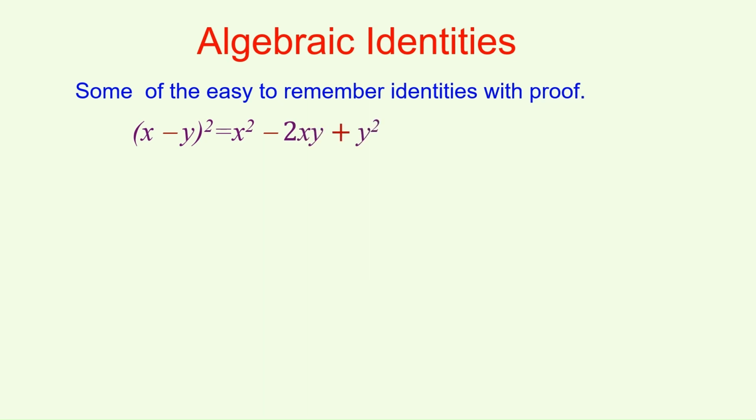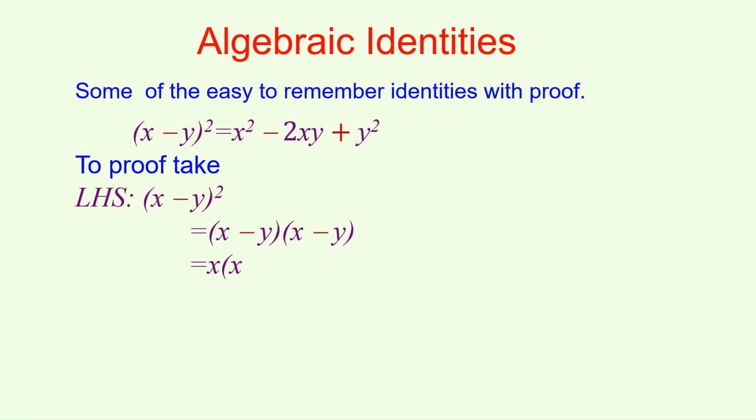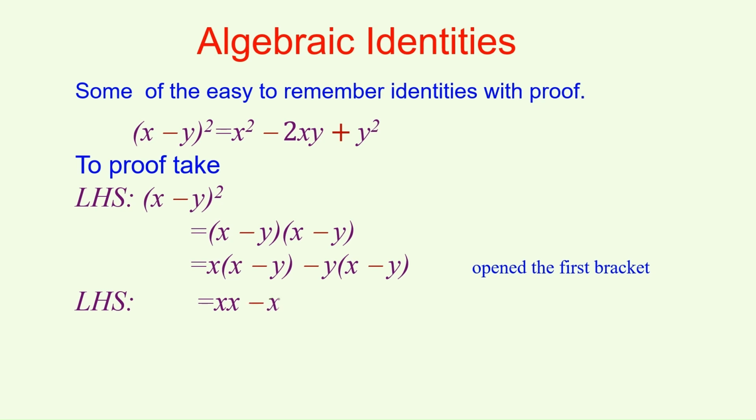X minus y whole squared equals x squared minus 2xy plus y squared. To prove, let's take the left-hand side, x minus y whole squared, equals x minus y times x minus y, equals x times x minus y minus y times x minus y after opening the first bracket.